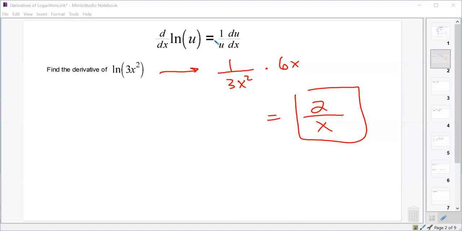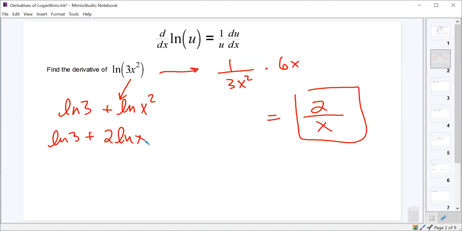Okay, so we alternatively could have done this by using some log rules first. Could we have turned this into natural log of 3 plus the natural log of x squared? Is that equivalent? Yes. And then what can we do with the natural log of x squared? 2 times a natural log of x.